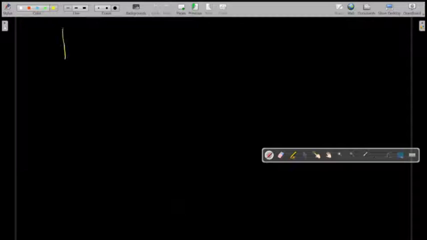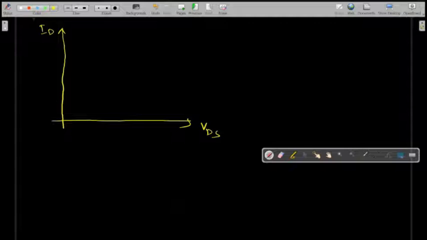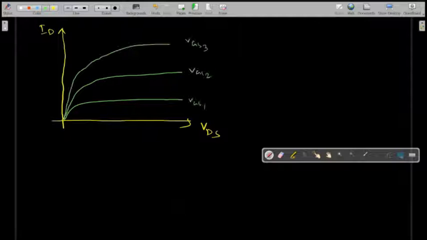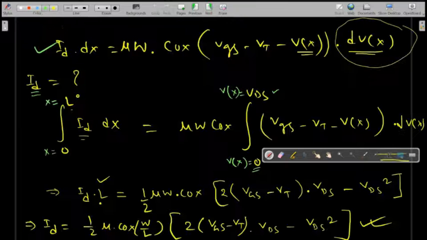If I plot the output characteristics, VDS versus ID, how does the graph look in real cases for a MOSFET? The VDS versus ID graph looks like this. And we are going to develop a model, that is this equation.